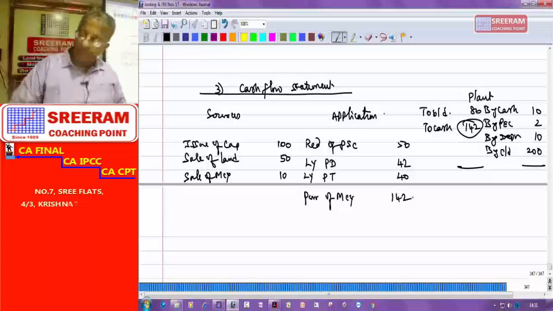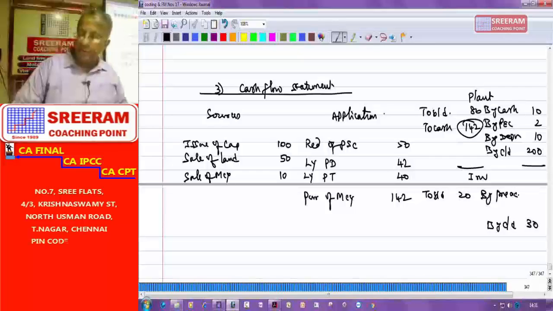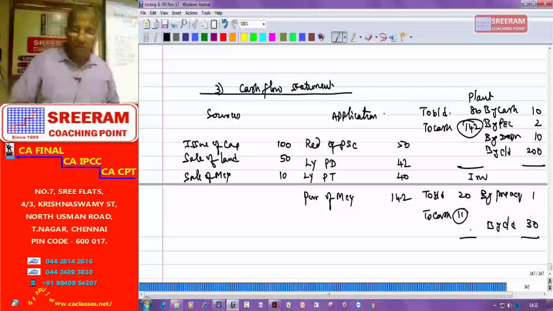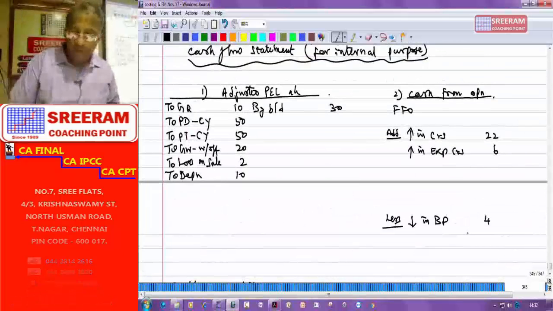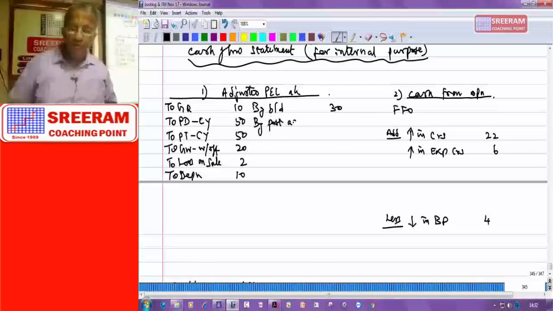Investments: to balance brought down 20, by balance carried down 30, by pre-acquisition dividend 1, to cash 11. The other two they have received by post-acquisition dividend 2.